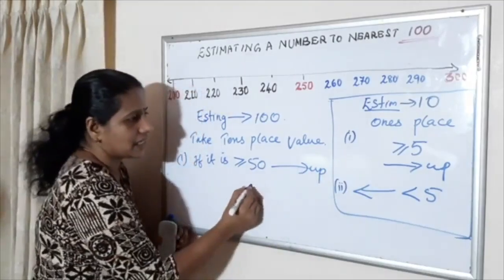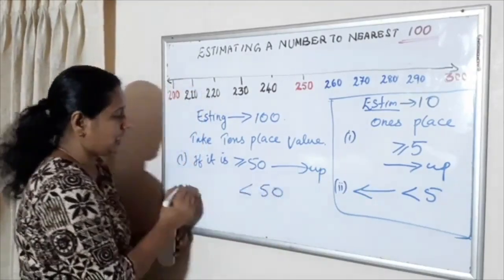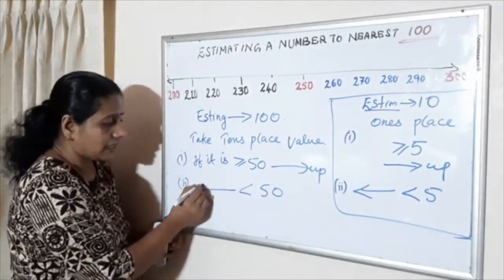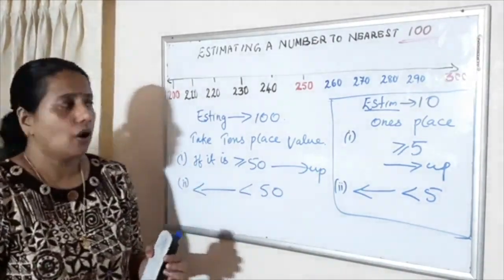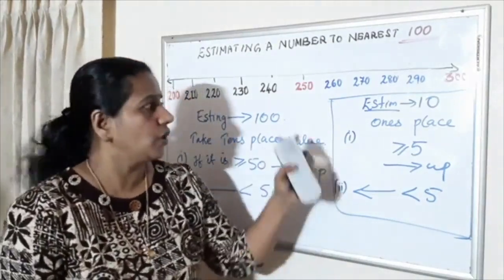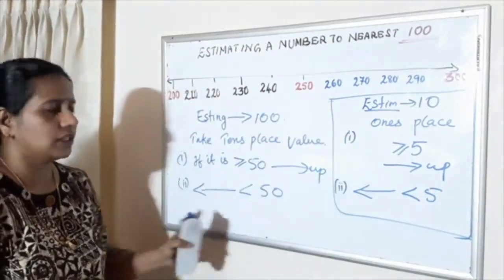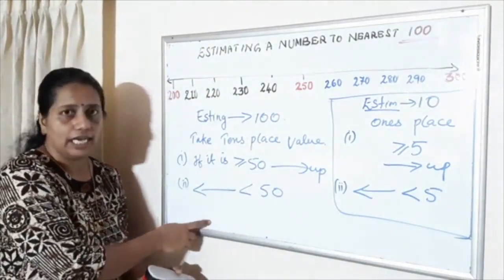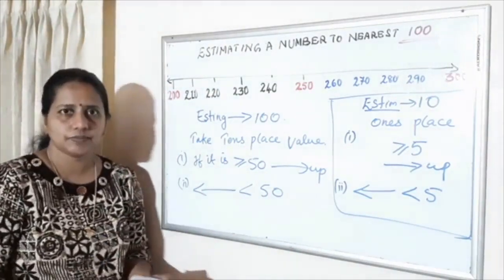The second condition is, if it is less than 50, round it down. So take your notebook and write all this in your notebook. After that I will give you examples for this. Clear?